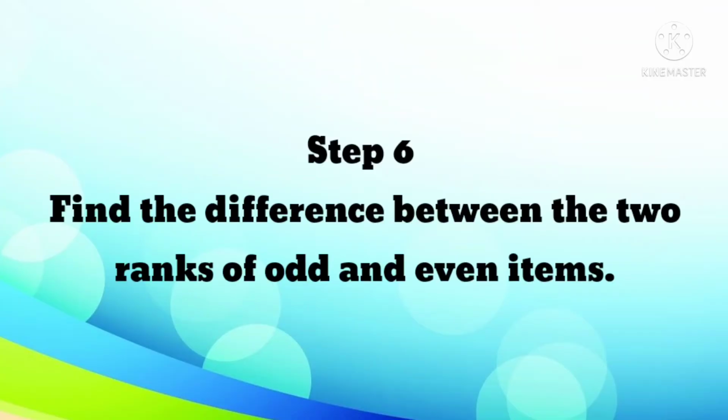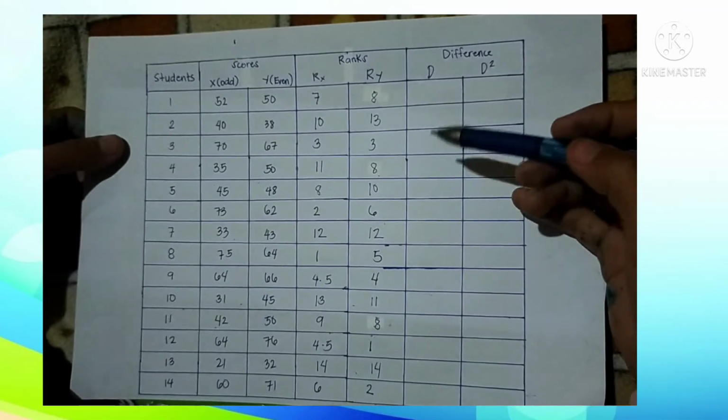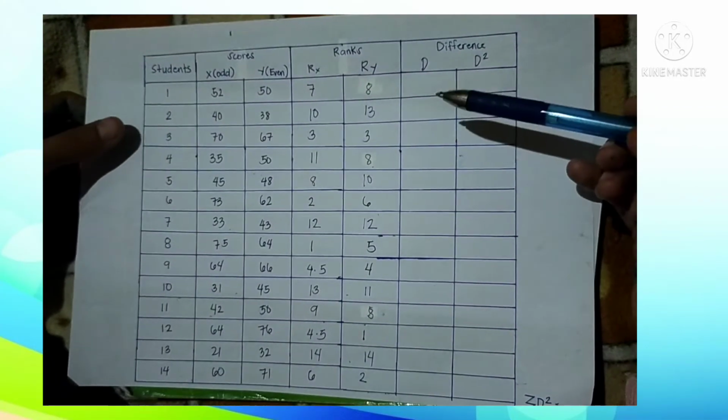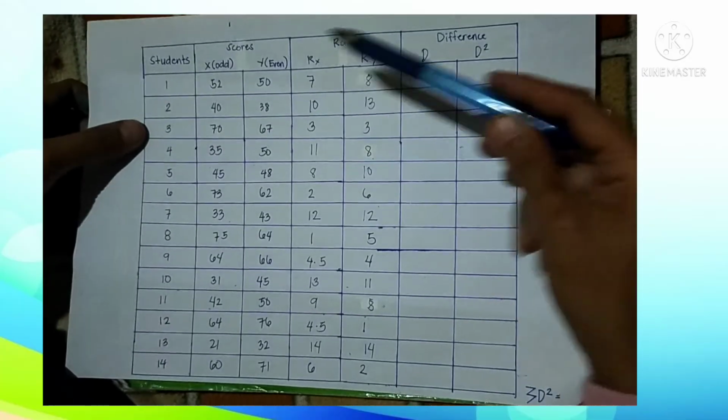Step 6. Find the difference between the two ranks of odd and even items. So next, we are going to find the difference between the two ranks.